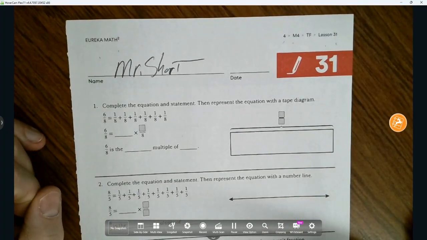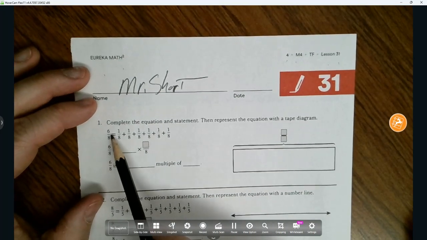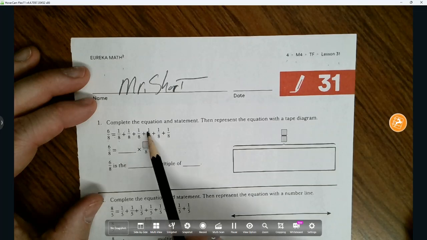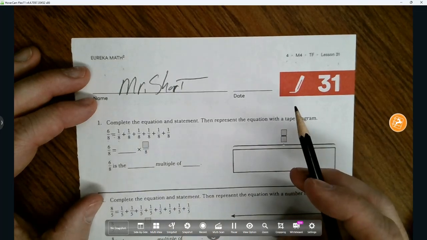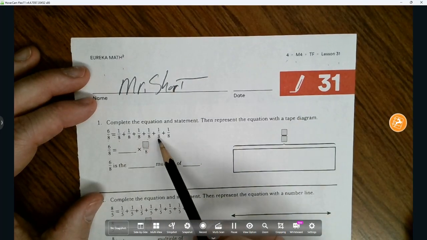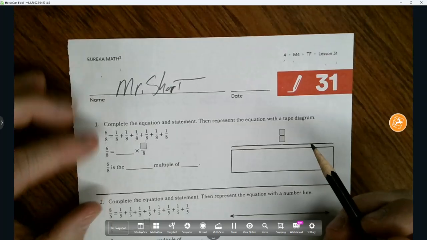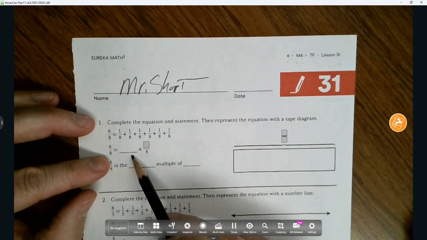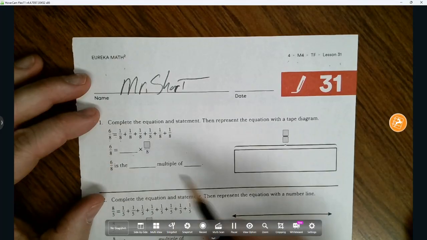All right, so today we're looking at complete the equation and statement, then represent the equation with a tape diagram. Right here we have 6/8 equals 1/8 plus 1/8 plus 1/8 plus 1/8 plus 1/8 plus 1/8. That's a lot of eighths, right? 1, 2, 3, 4, 5, 6 of them. So here it says 6/8 equals blank times blank over 8.